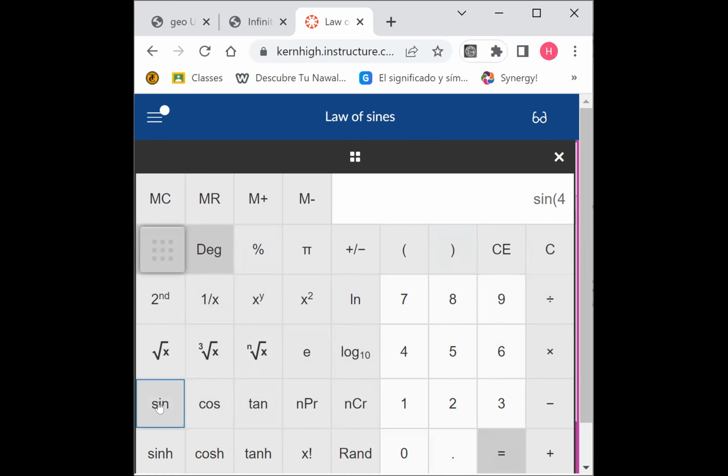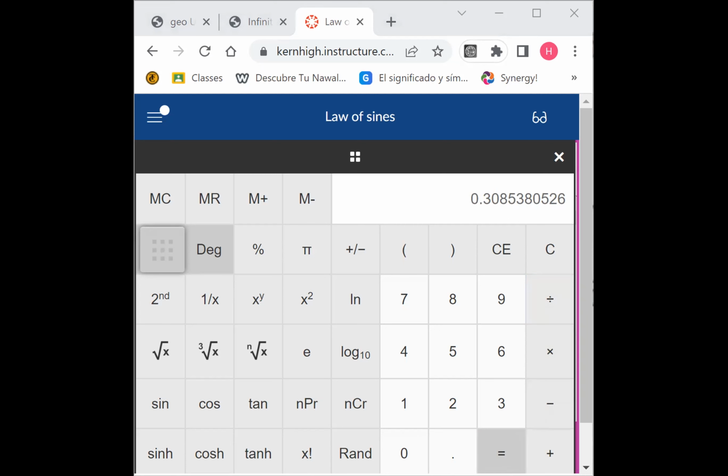So sine of 40 times 12 divided by 25 equals. Okay, I'm not quite done yet. So I'm going to use 4 decimal places, 0.3085.